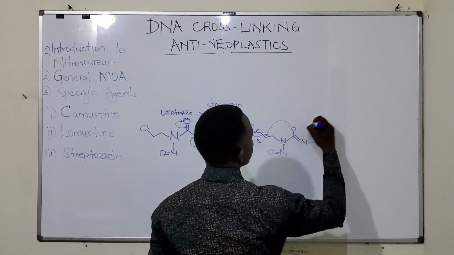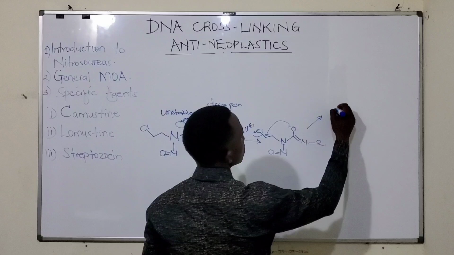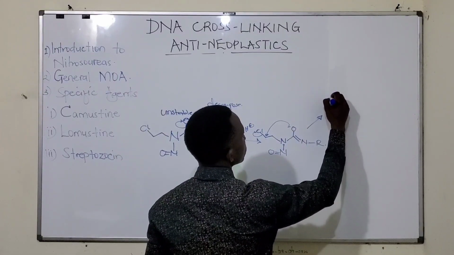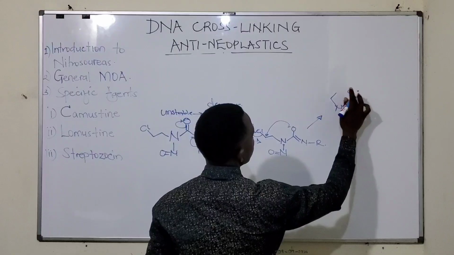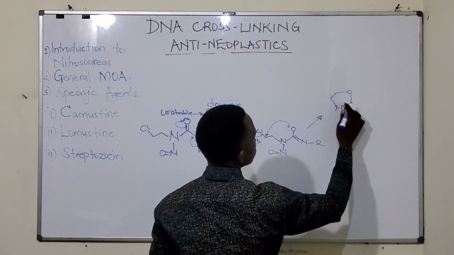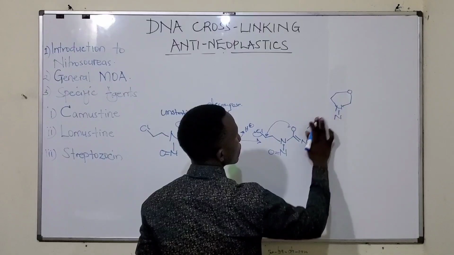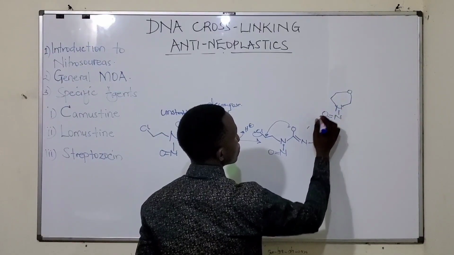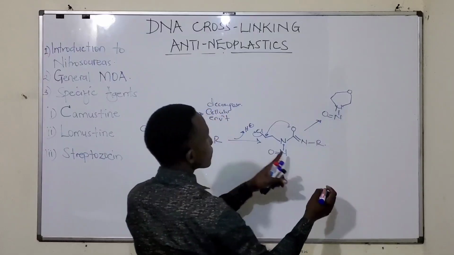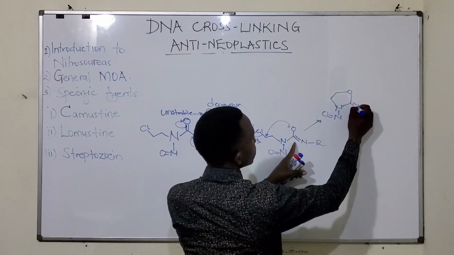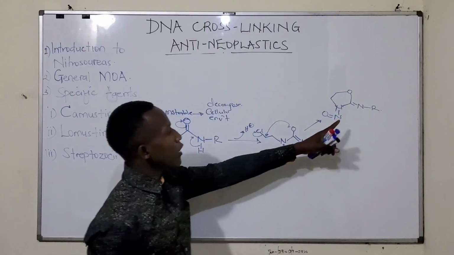So we shall have this. The chlorine will be lost to form N. It shall form this with this NO. And here we have the double bond and N with R. This is what we have.